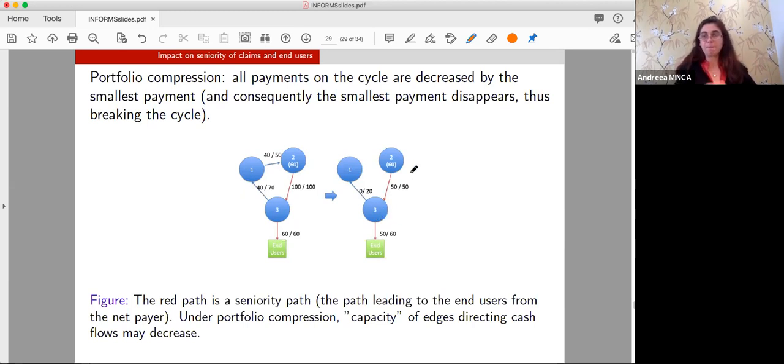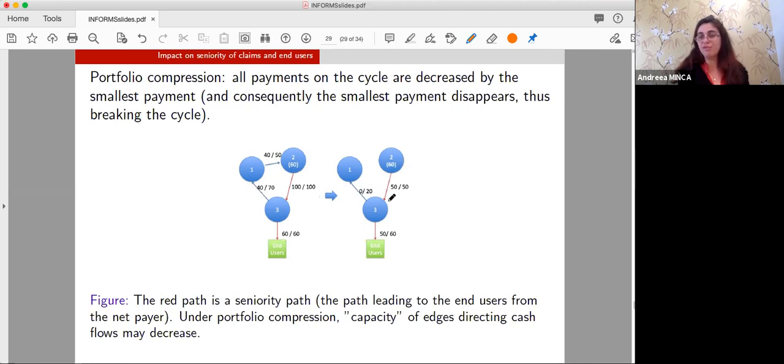So if you want to think about them in terms of network capacities, when we say here that the payable was 100, you can think about this as the capacity on a certain link. So you have a capacity, and then you want to see what is the flow that goes on that link. And now portfolio compression is essentially decreasing capacity. So if you decrease capacity on the link that goes to node 3, then the flow can be at most that capacity.